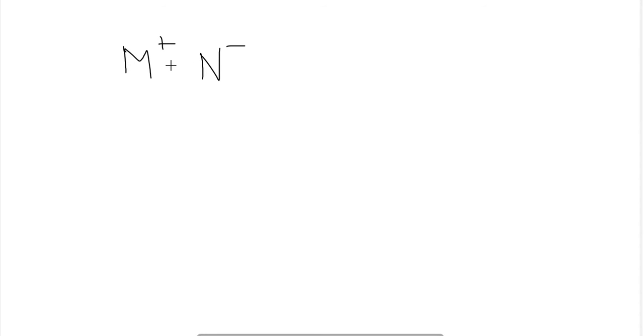Due to the electrostatic force of attraction between this plus and minus charge, both will come near each other to form a compound MN. This compound will be termed an ionic compound or electrovalent compound, and the chemical bond formed between them will be termed an ionic bond or electrovalent bond.